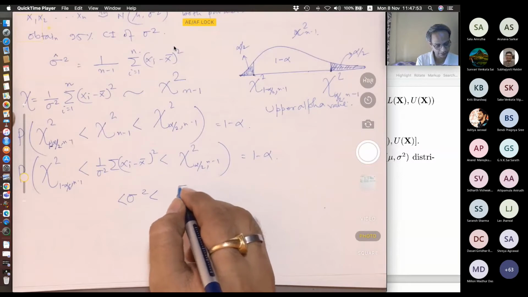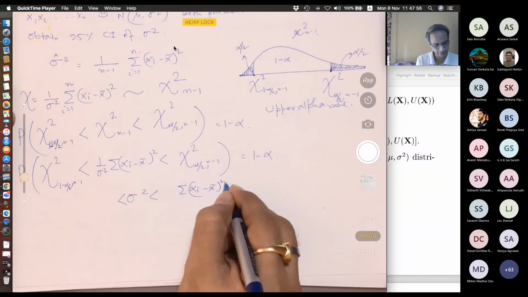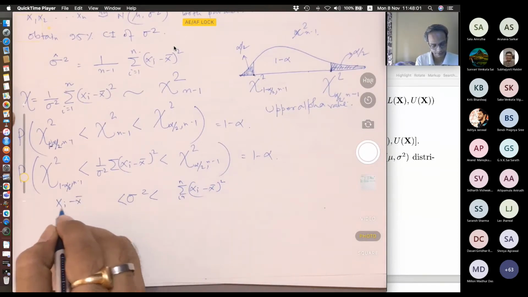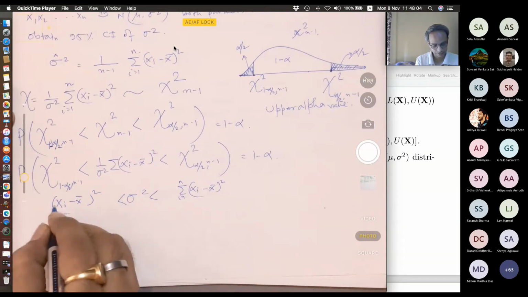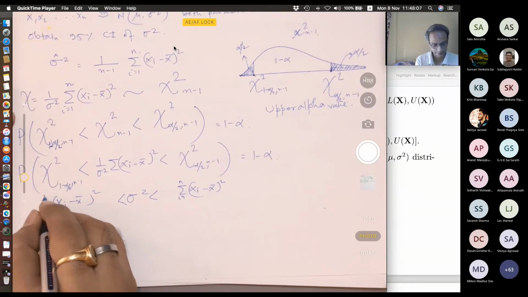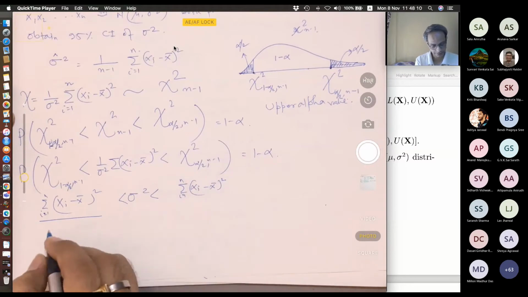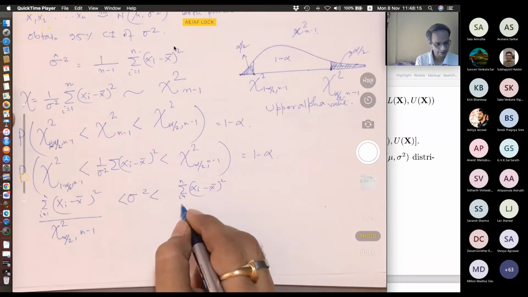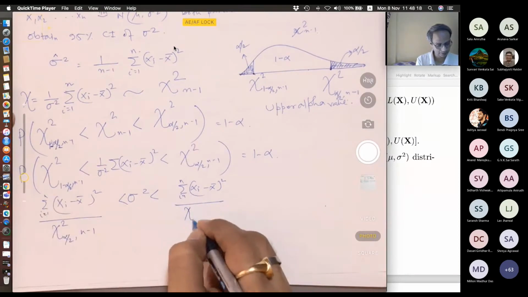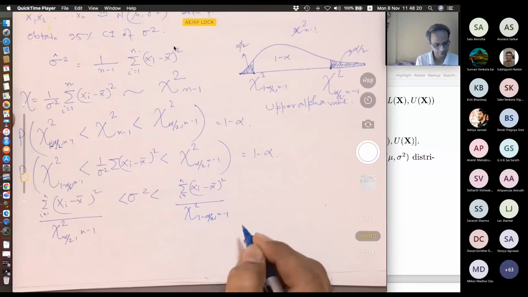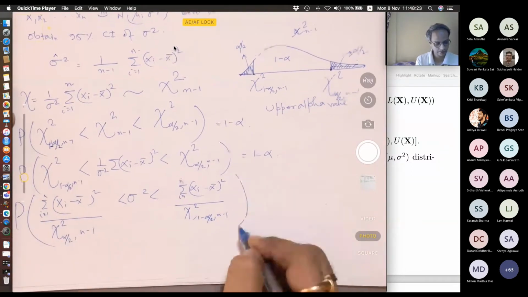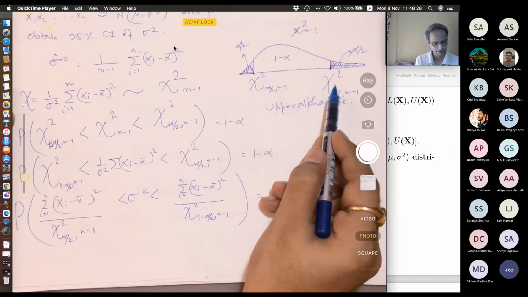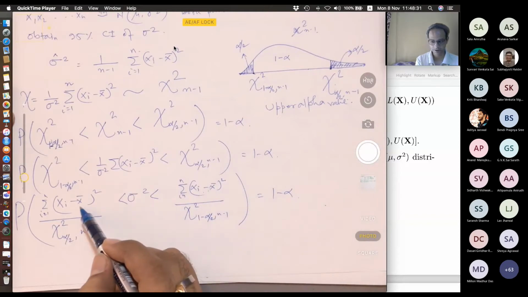So here you will get sum of xi minus x bar whole square, i running from 1 to n, divided by chi-square 1 minus alpha by 2, n minus 1, on one side, and sum of xi minus x bar whole square divided by chi-square alpha by 2, n minus 1, on the other. Don't make a mistake here. You can see that this quantity is less than this quantity. In the numerator you have the same expression.